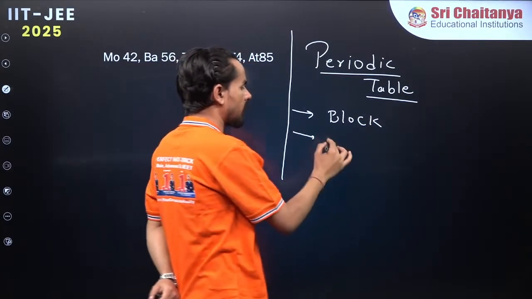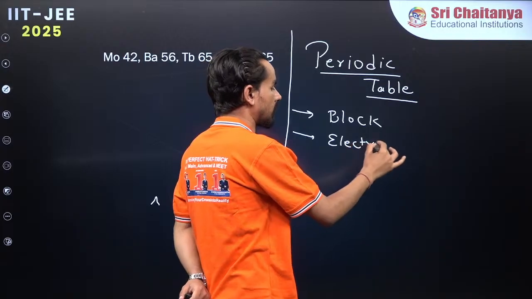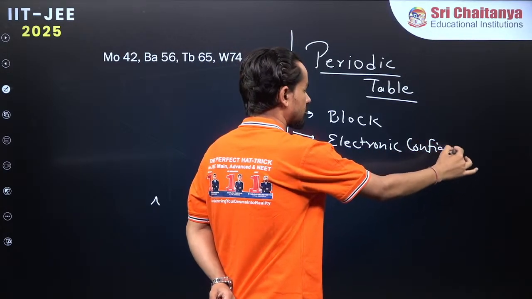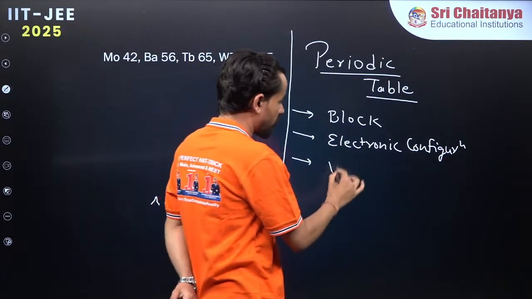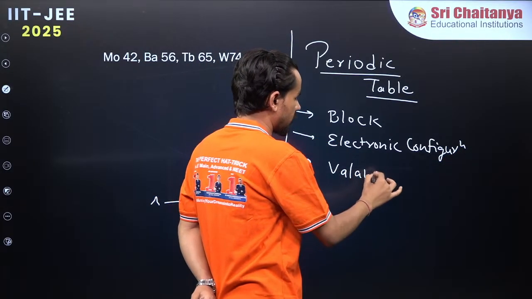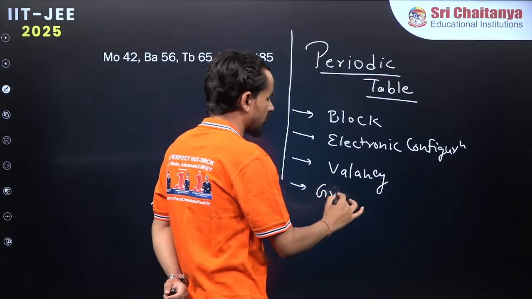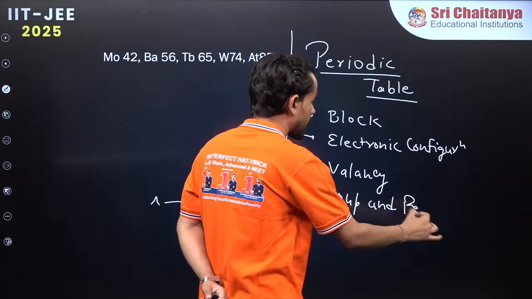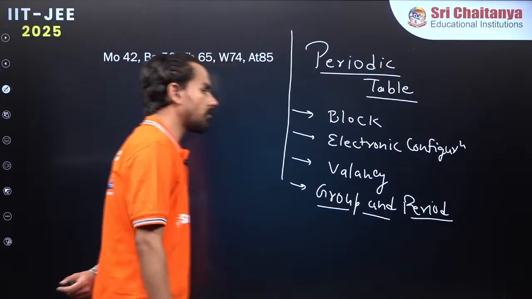Apart from that, we have known about the electronic configuration, the valency, and the group and period, that is, how to know which group or period an element belongs to. This is all we have to know.